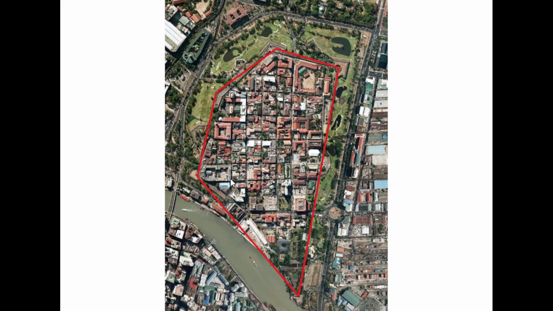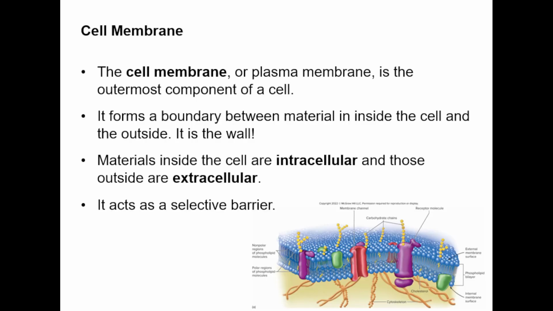Okay? Now, there's a very special characteristic of the cell membrane, and it is that it acts as a selective barrier. So, meaning it checks very well what substances can enter the cell and what substances can exit the cell.